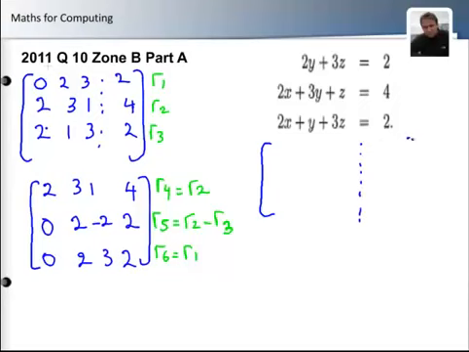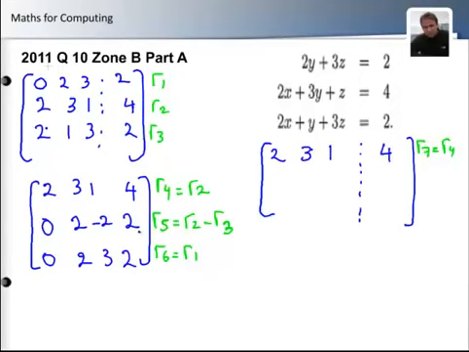Now I'm going to sort of set up a new iteration here, and we're going to keep going the way we've done before. So row 7, I'm going to just leave alone as row 4. So the top row I'm going to leave alone for the time being. 2, 3, 2, 3, 1, and 4.